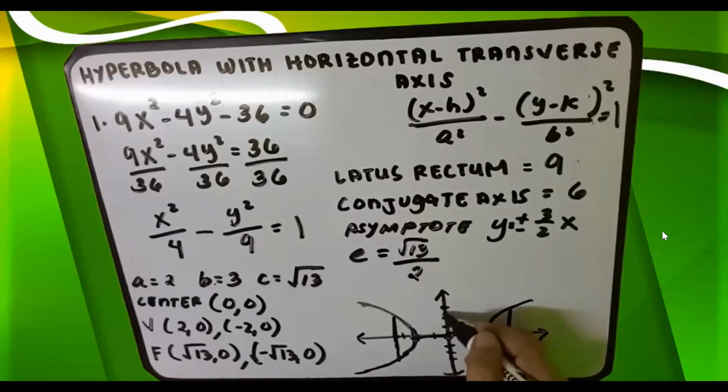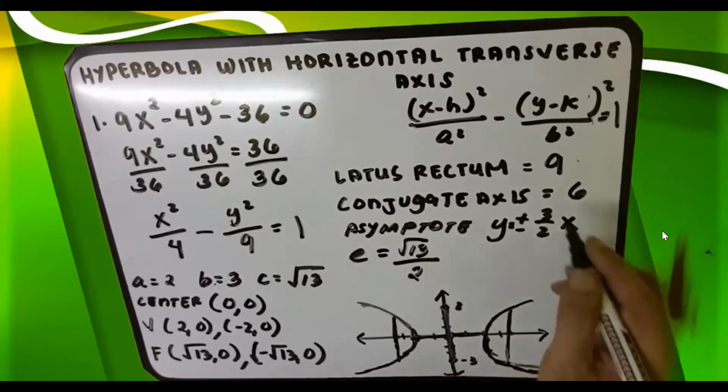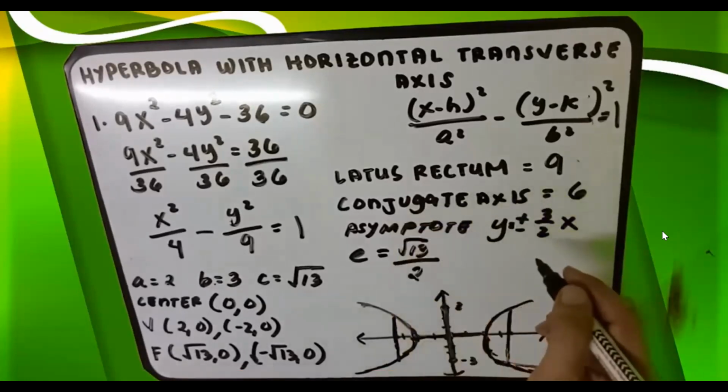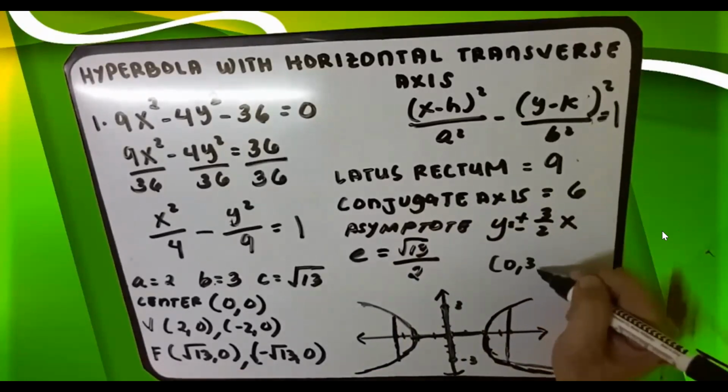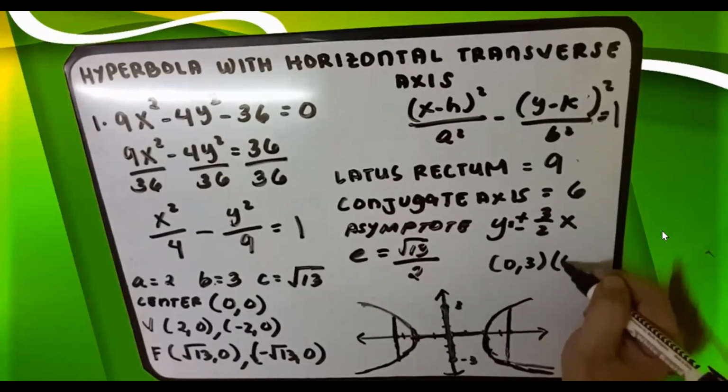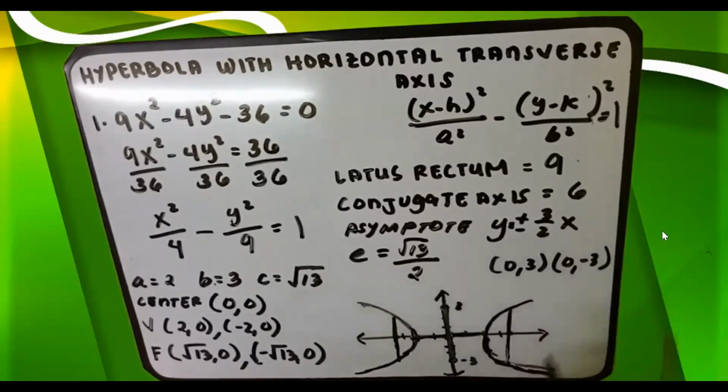Pag pinagsama niyo yan, ang total length niya ay 6. So ito yung endpoints ng conjugate axis. 3, negative 3. Sabihin, for the coordinates of the conjugate axis, that is 0, 3 and 0, negative 3.